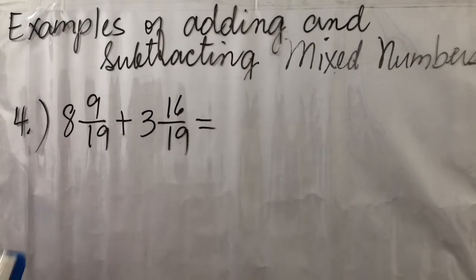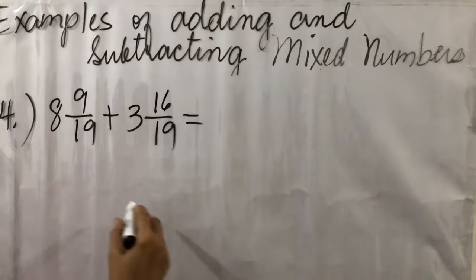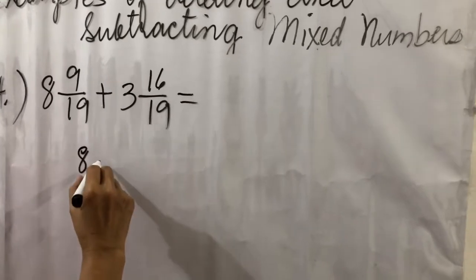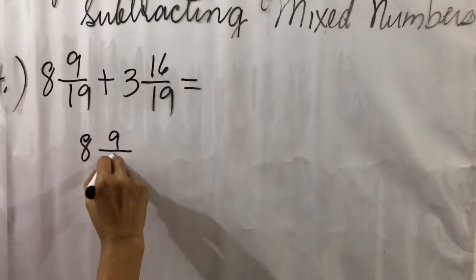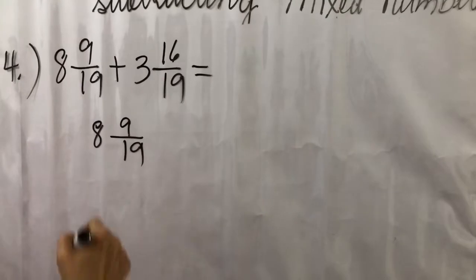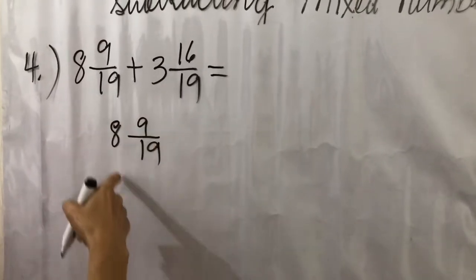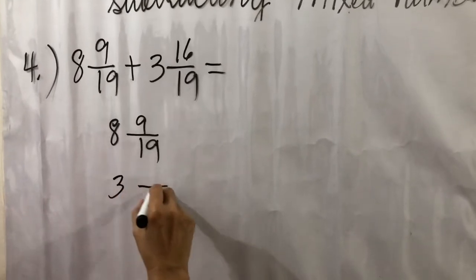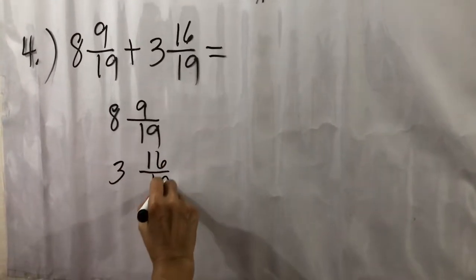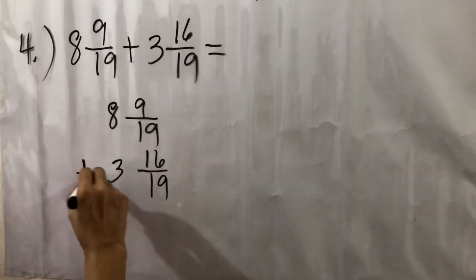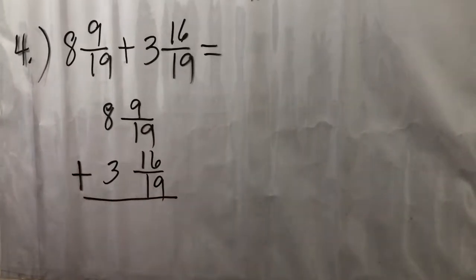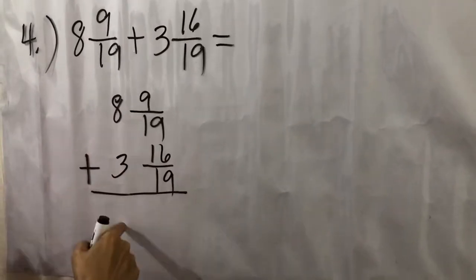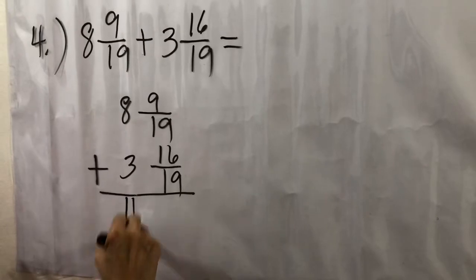So you can solve that one like this. 8 and 9/19 plus, align the whole numbers, 3 to the whole number 8, plus 3 and 16/19. So you add first the whole numbers. So 8 plus 3 equals 11.